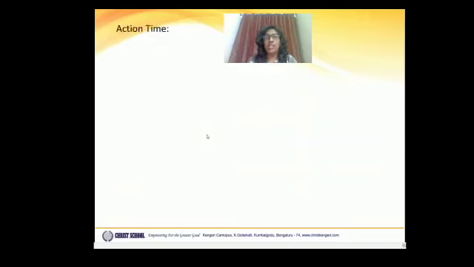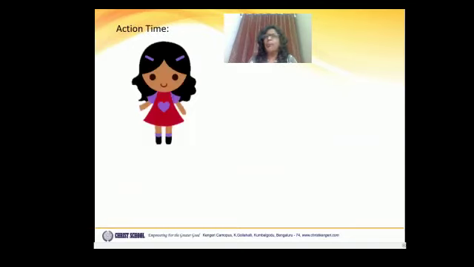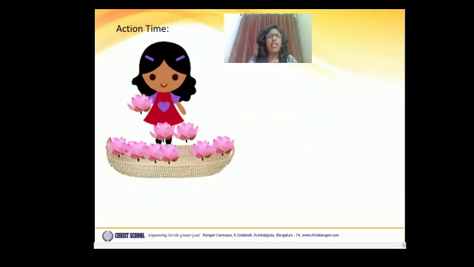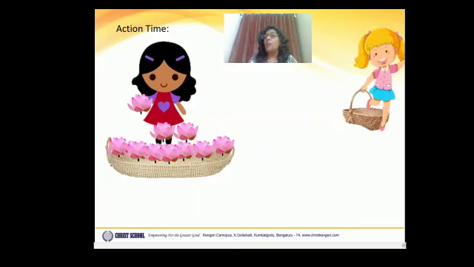Now it's action time. Can you see a pretty girl? She is having a basket of 10 flowers. There is one more other pretty girl, but her basket is empty, no flowers at all. Now, this pretty girl who's having the 10 flowers decided to give half of them to her friend. How many?